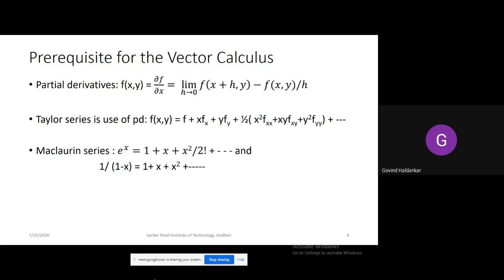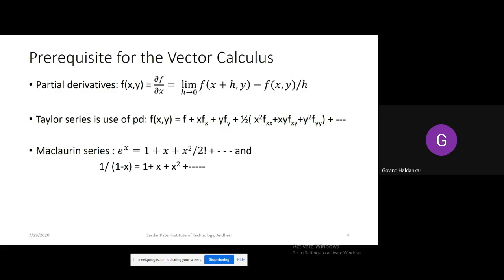And here if you see the equation, x plus h and f of x, this difference is written here, but y is not changing.